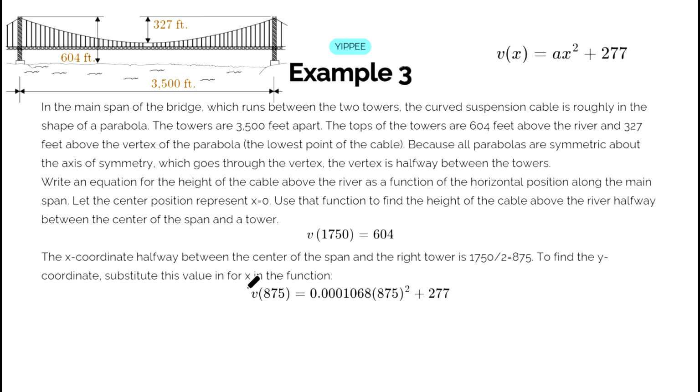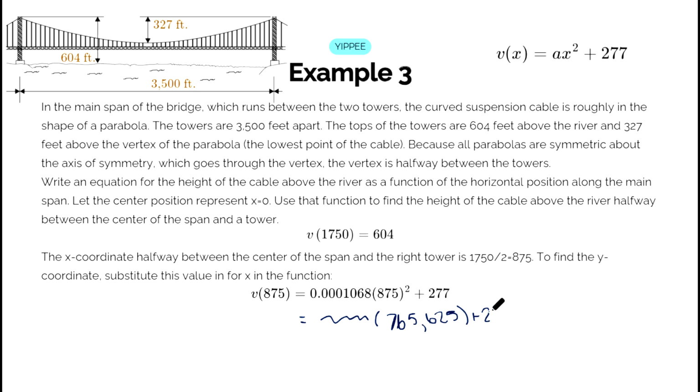Okay, so now we're going to take V of 875 is equal to our decimal times 875 squared plus 277. So let's take our decimal, 0.0001068. Oh, no, sorry, we have to do the square first. Delete. 875 times 875 gives us 765,625. Okay.